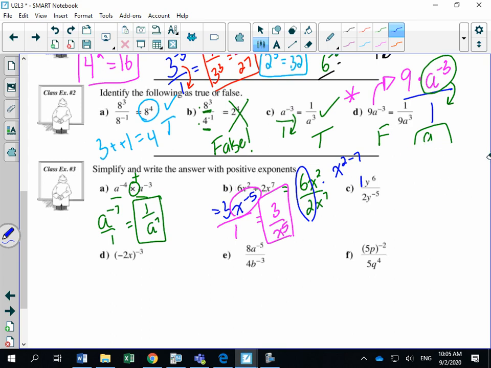So what I have is 1/2, and then I have y, and let's figure out how many y's I have. 6 minus negative 5. So I'll just write it off to the side here. 6 minus negative 5. You could punch that in your calculator, or you could say two negatives make a positive, and that's going to give me y to the 11. So it's 1/2 times y to the 11.